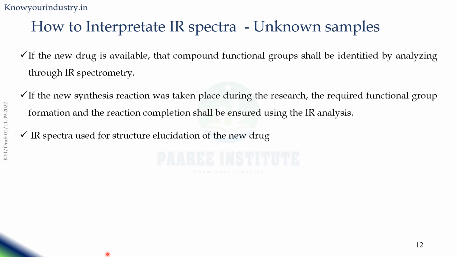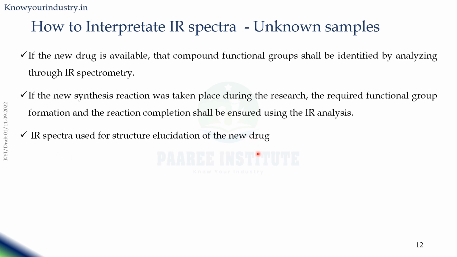So how will you interpret an IR spectra of an unknown sample? You have got an unknown sample to analyze, and how are you going to interpret the spectra obtained from the unknown sample? The IR spectra of unknown samples can be used for structural elucidation.